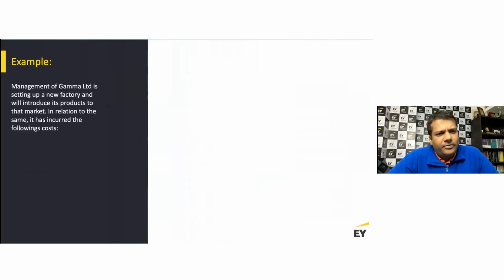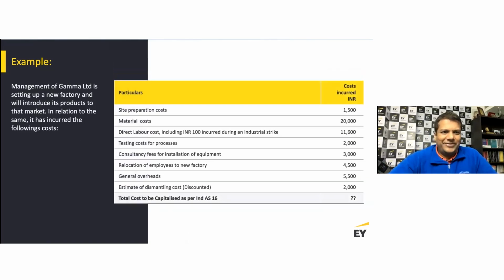Management of Gamma Limited is setting up a new factory and will introduce its product to that market. In relation to the same, it has incurred the following costs. An important thing to remember is the principle: are these costs helping me bring the asset to its present condition and location?